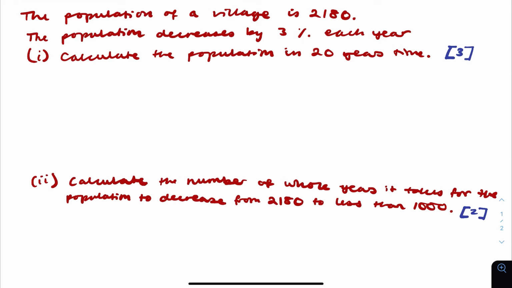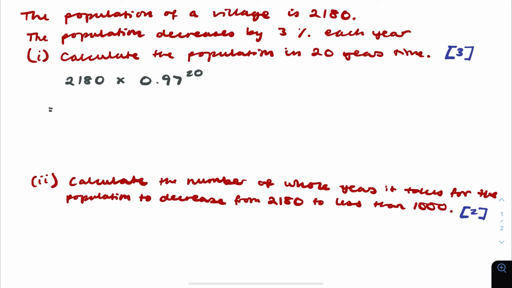So we can illustrate this mathematically as 2180 times 0.97, just because that's 3% less than 1. 0.97 to the power of 20, since imagine if it's 2180 times 0.97 for the first year, then 3% of that, not 3% of 2180, otherwise it'll just be the same amount every time.